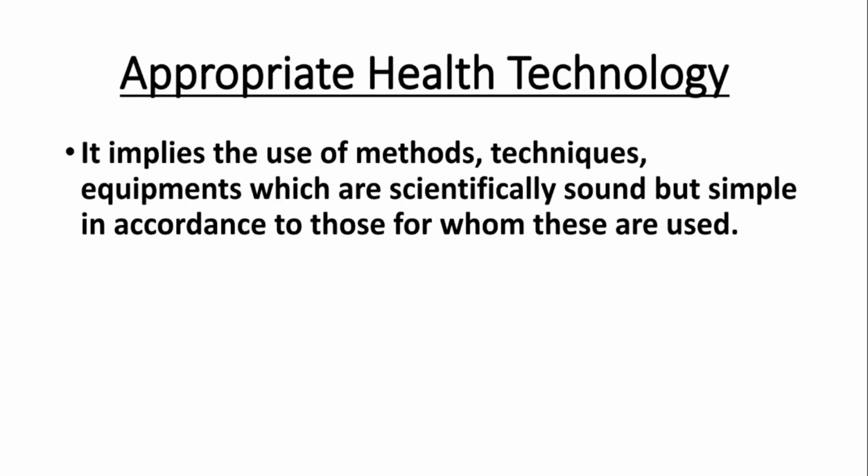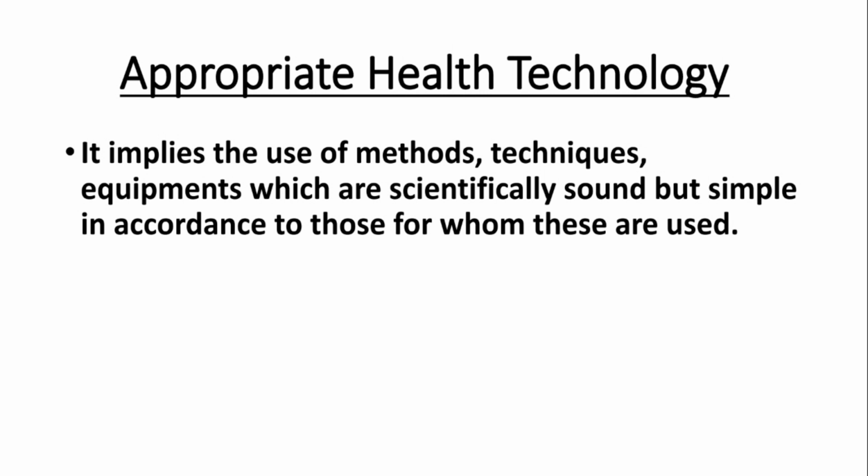Next, coming to the next principle, that is appropriate health technology. It is a very important factor for successful primary health care. It implies the use of methods, techniques, and equipment which are scientifically sound but simple, in accordance with those for whom they are used.